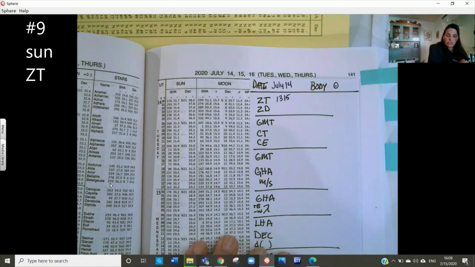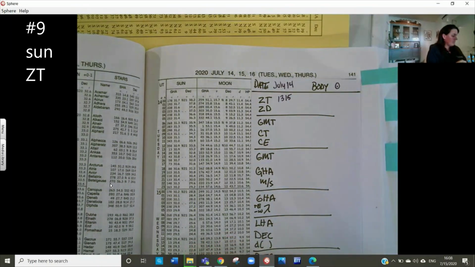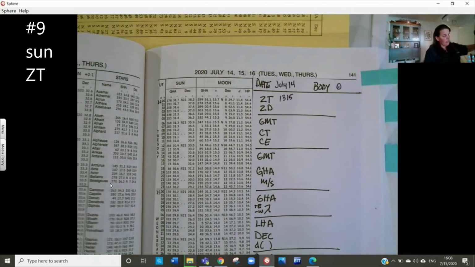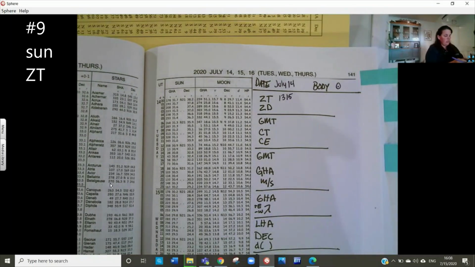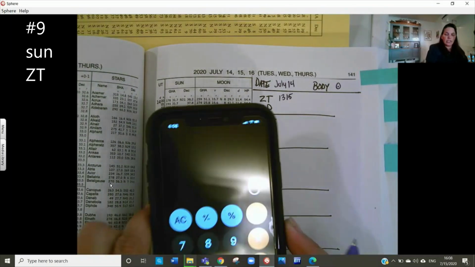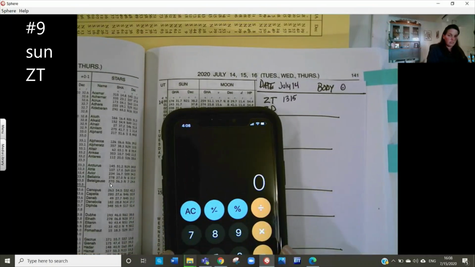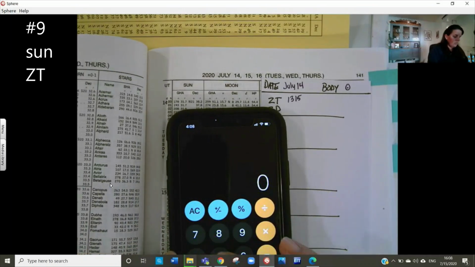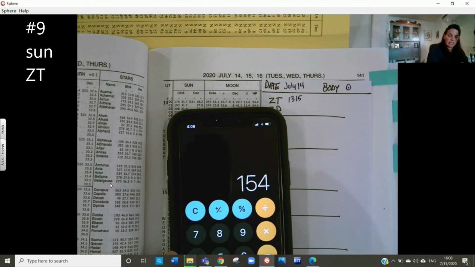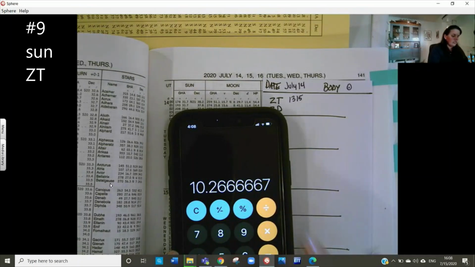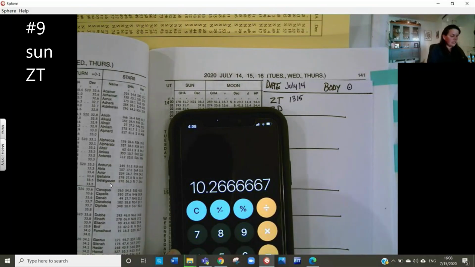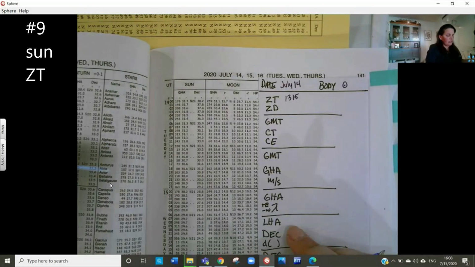Our zone description they didn't give us, so we need to calculate that. How do we calculate that? We take our longitude of 154 degrees west, divide that by 15. So 10. 10 is our zone description.